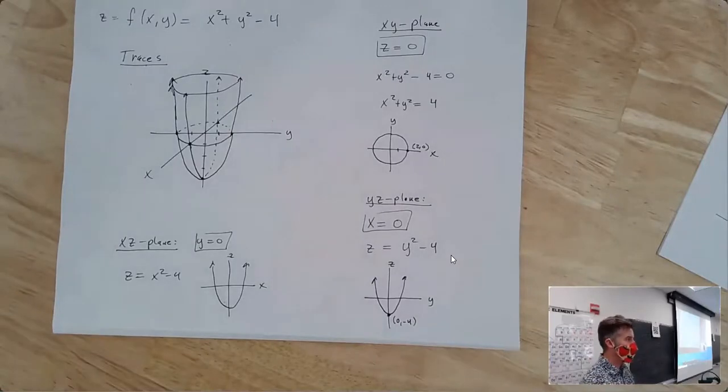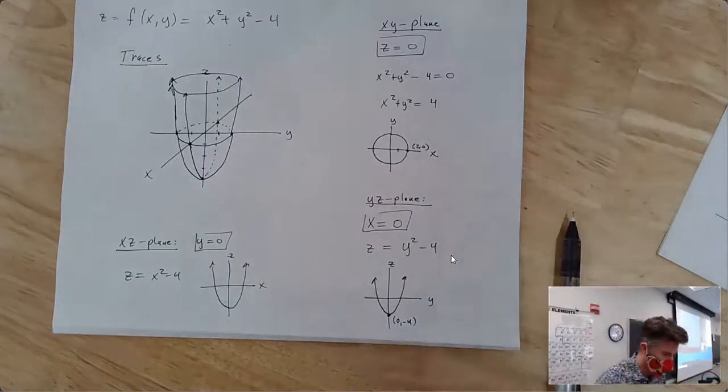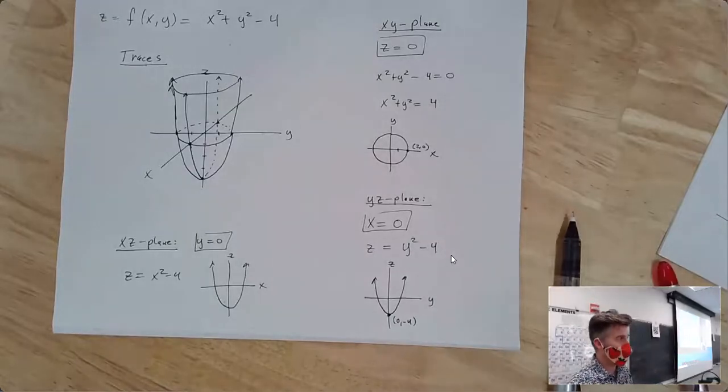There's my paraboloid, is what that thing is called. That's the technique for drawing things in 3D, if you happen to have traces that are relatively not awful. But honestly, I would remind you all that you have tools available to you.